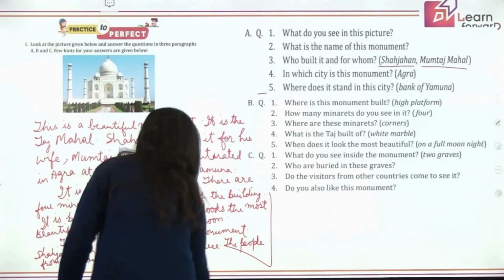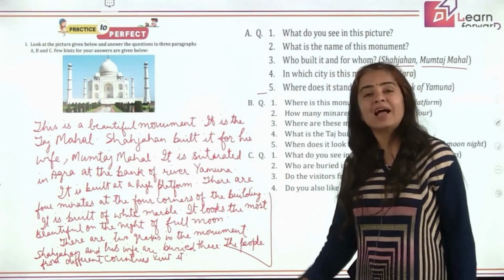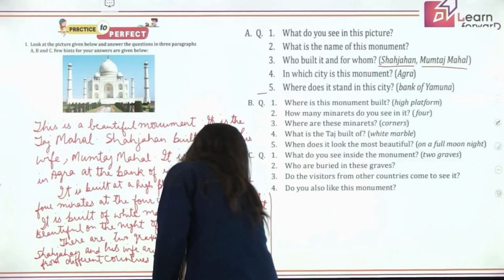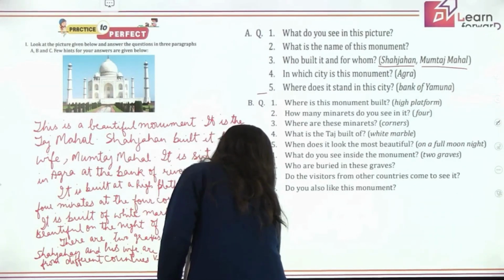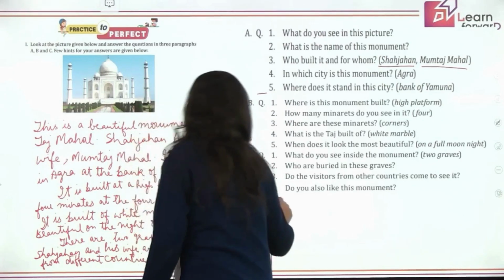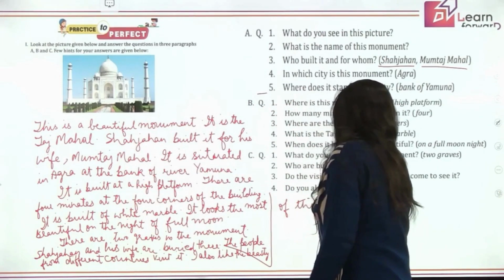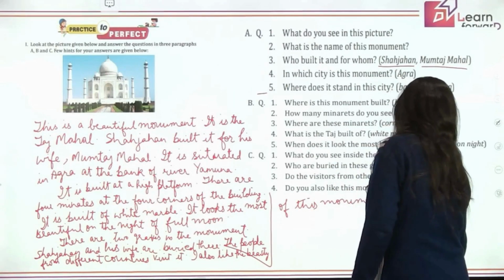So that can be your concluding statement. Do you also like this monument? Yes, I like this monument very much. I also like the beauty of this monument very much.